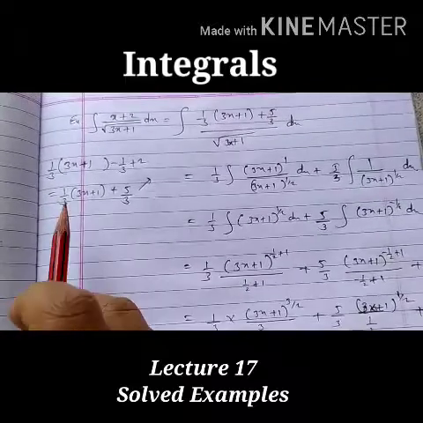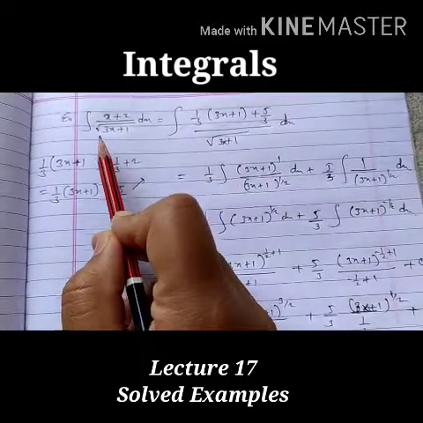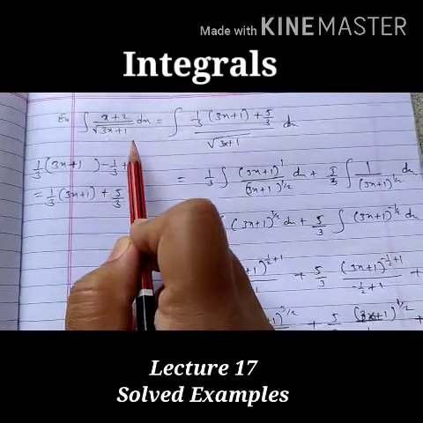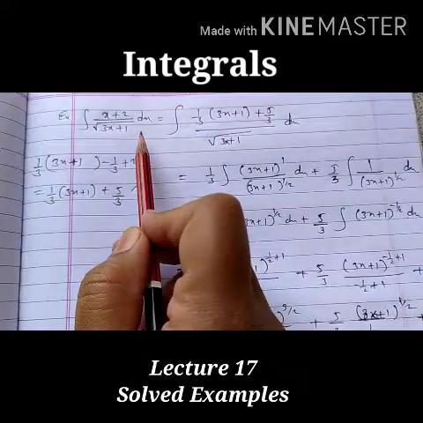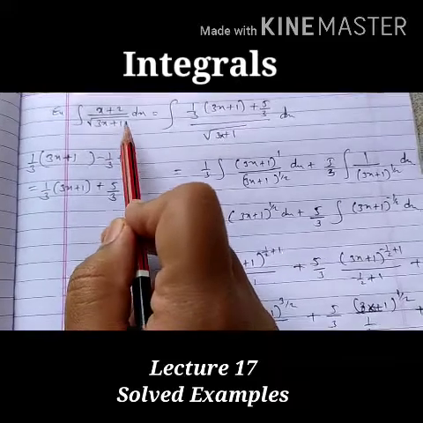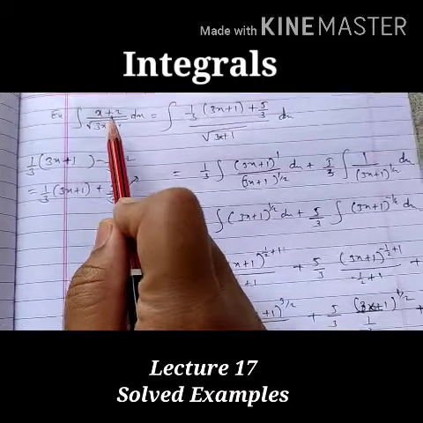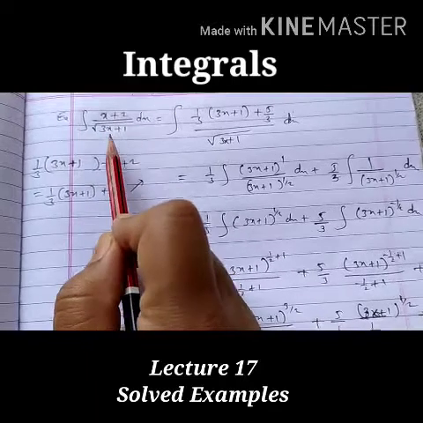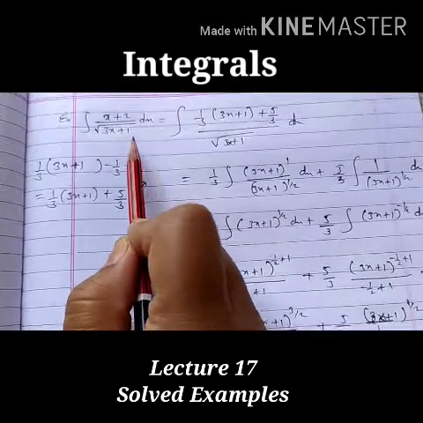Okay, so now here we have square root of 3x plus 1, so the function is (3x plus 1) raised to 1 by 2. We'll not consider the power now. So the function is 3x plus 1 and we have the numerator x plus 2. Now we'll express x plus 2 in terms of this 3x plus 1.